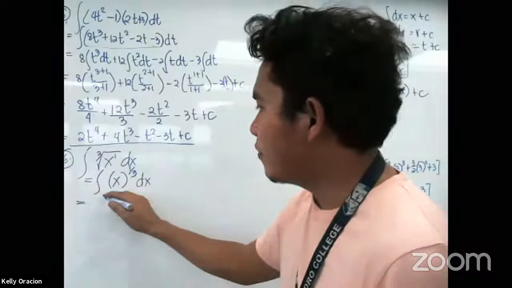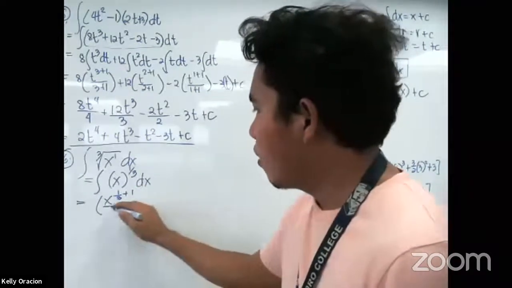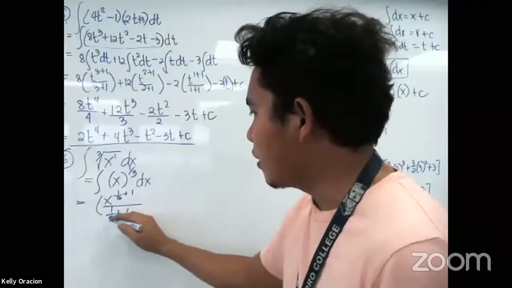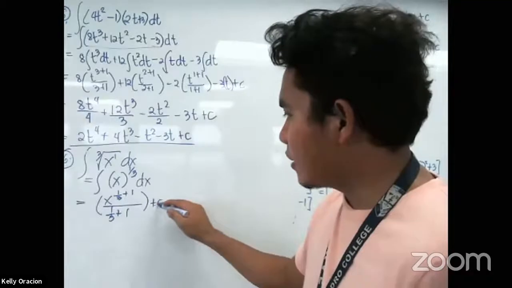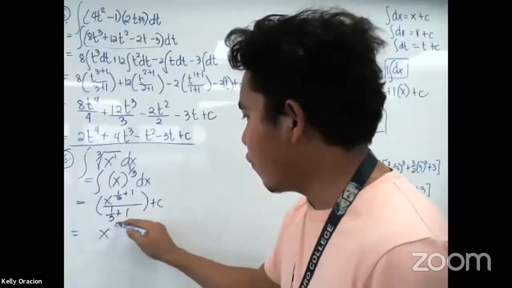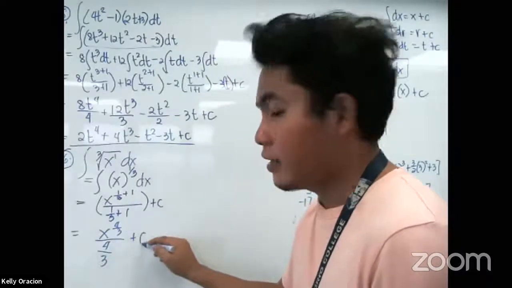So you have x to the 1/3 plus 1 over 1/3 plus 1. Then plus c. So you have x raised to 4/3 over 4/3 plus c.